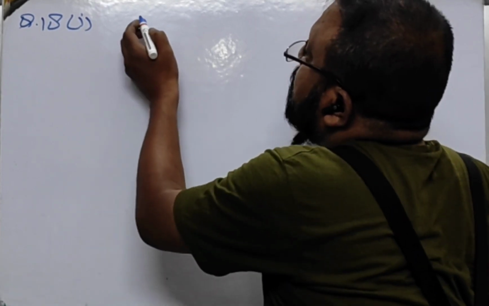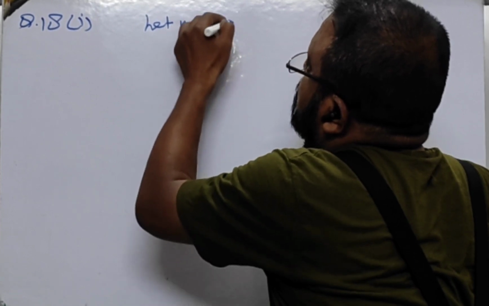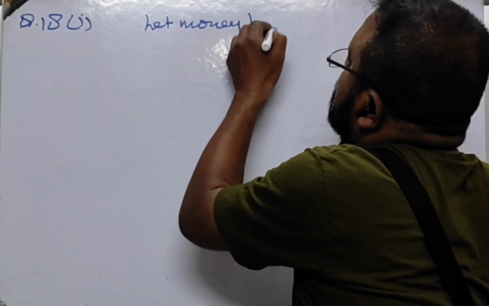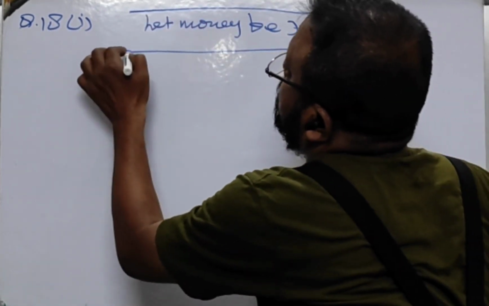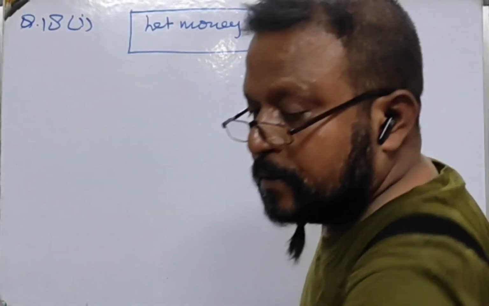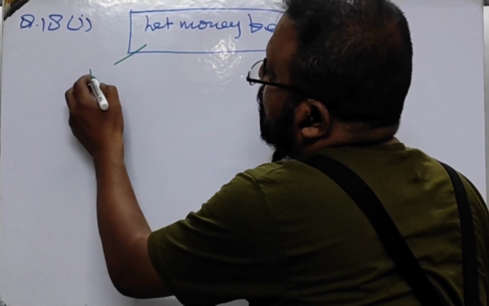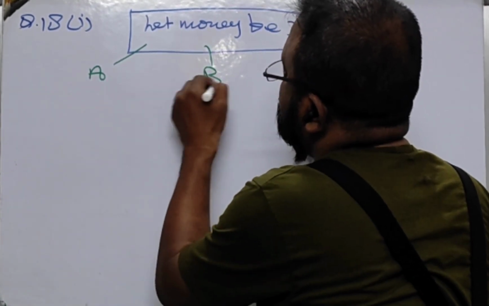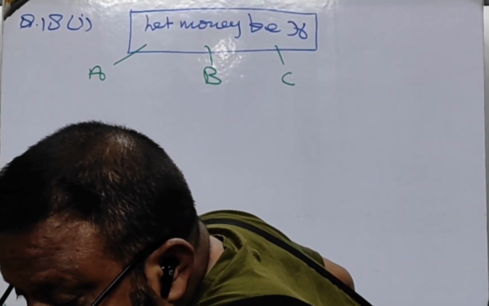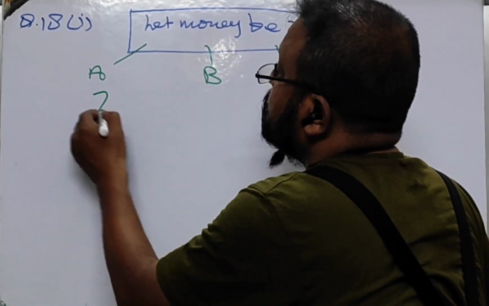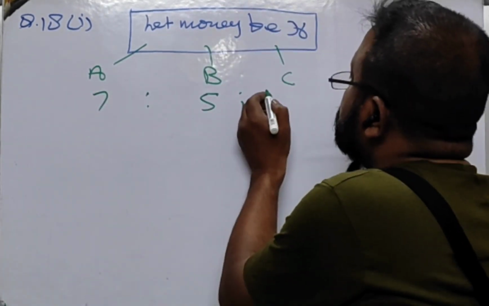So let the money be X. It is divided among A, B, and C in the ratio 7 is to 5 is to 4.